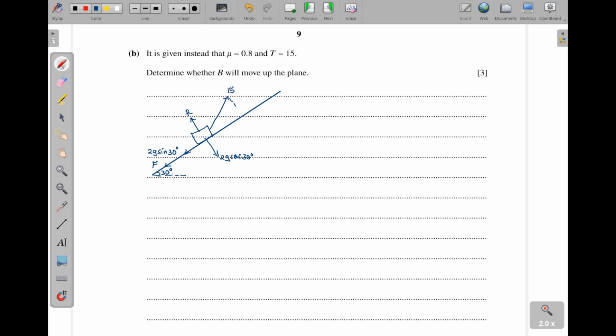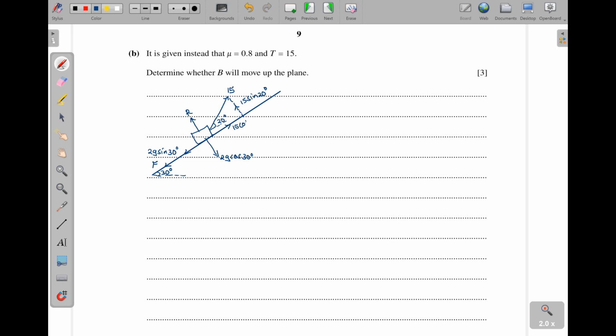So meaning here I have 15 sine of 20. And then here, remember this one was 20. Then here I have 15 cosine of 20. It is the one that is supposed to be here, but I'm just putting it down here.